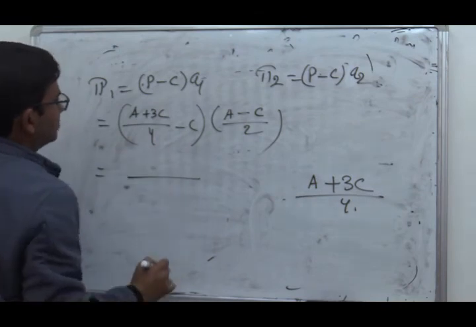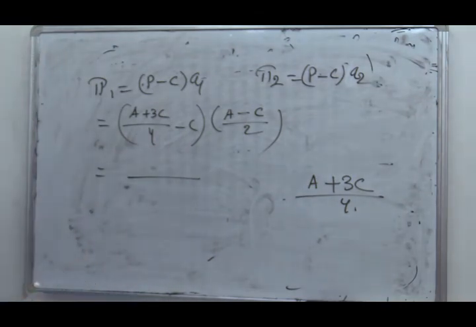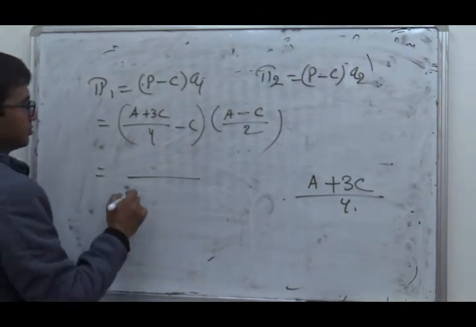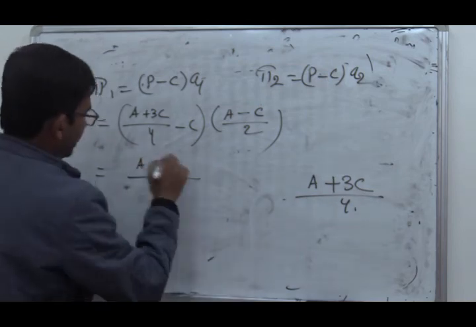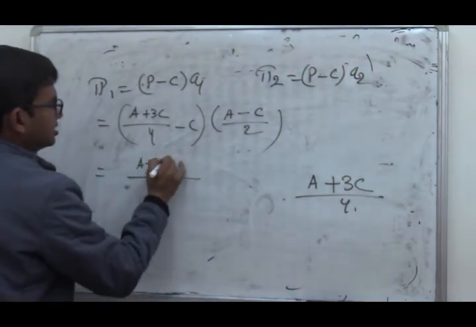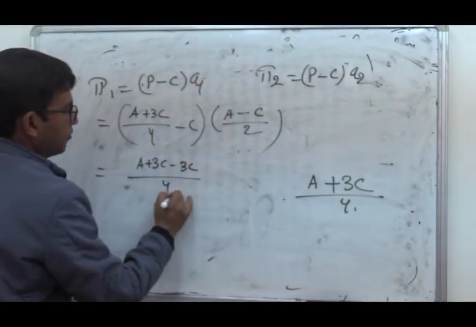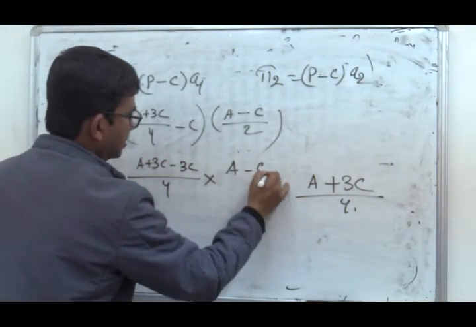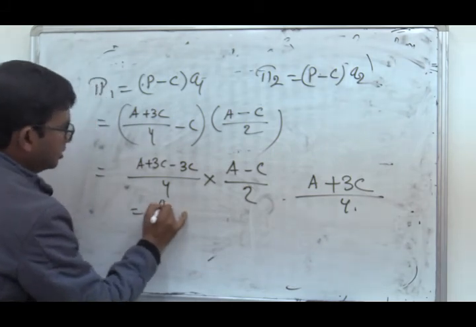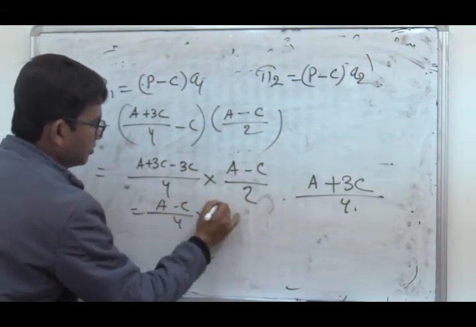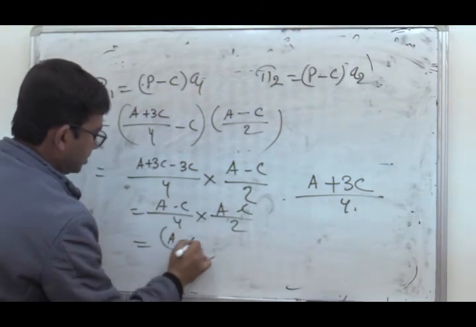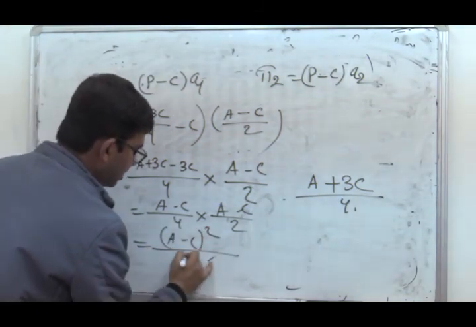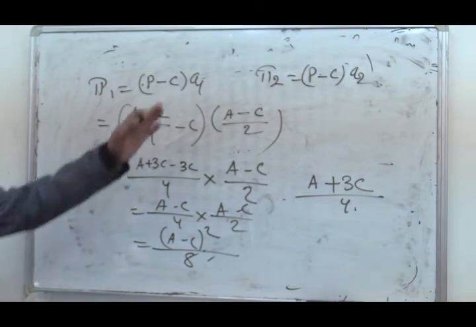So it will be (A minus C) by 4 into (A minus C) by 2, which equals (A minus C) whole square divided by 8.